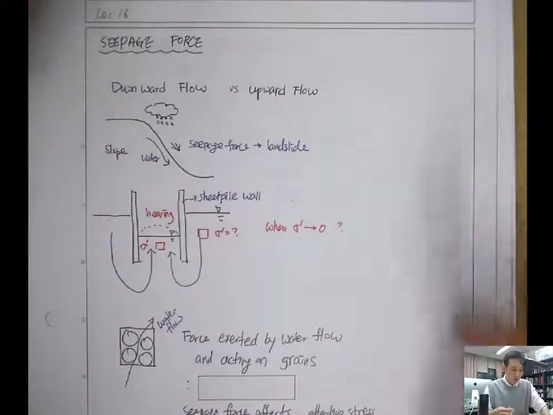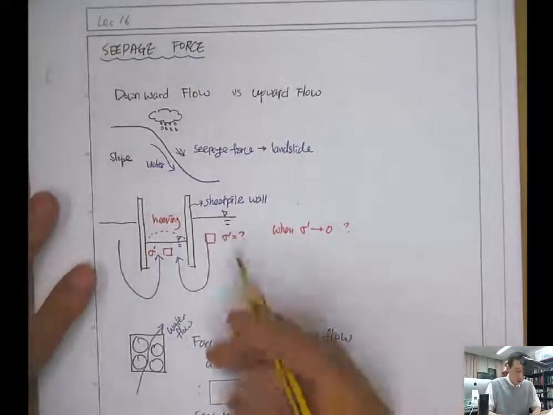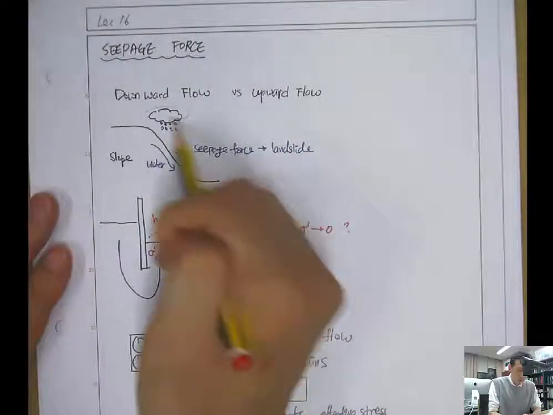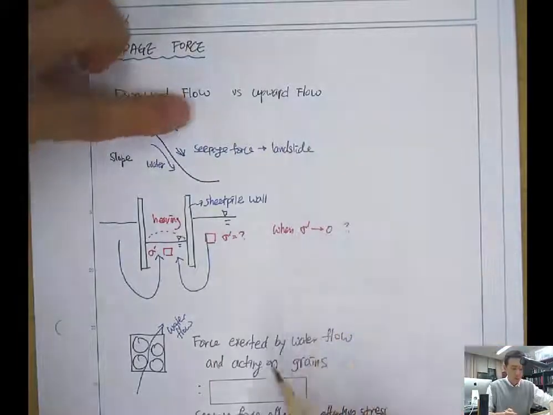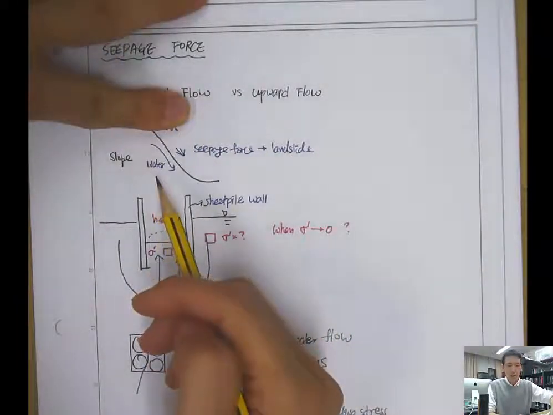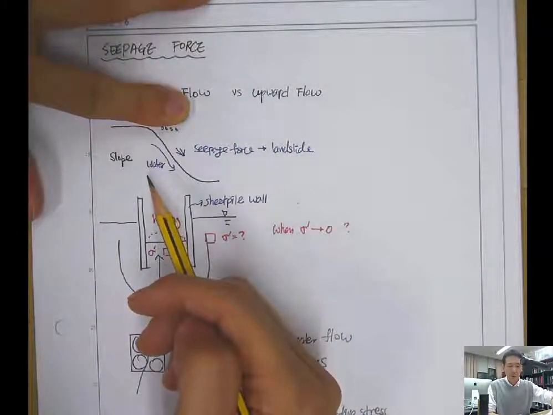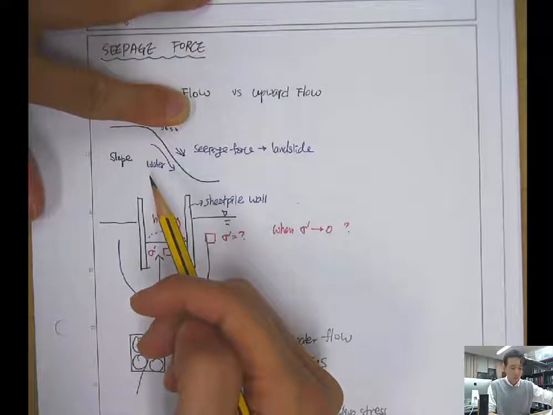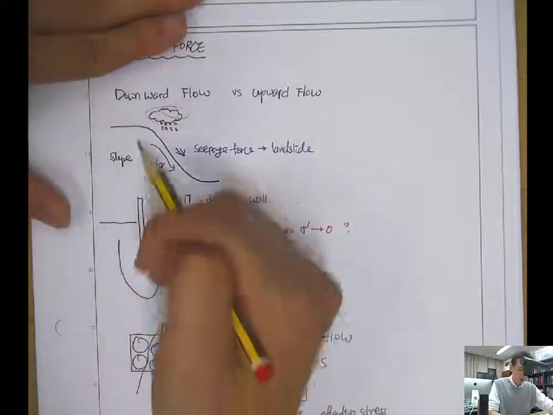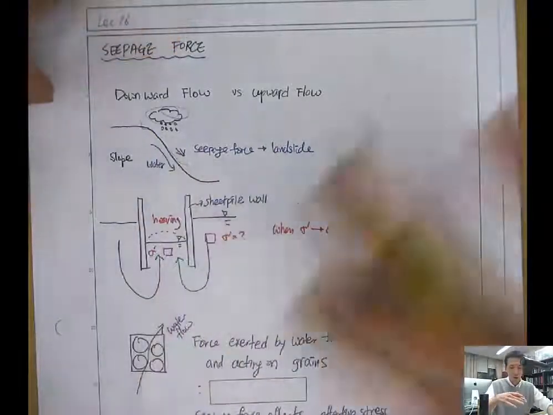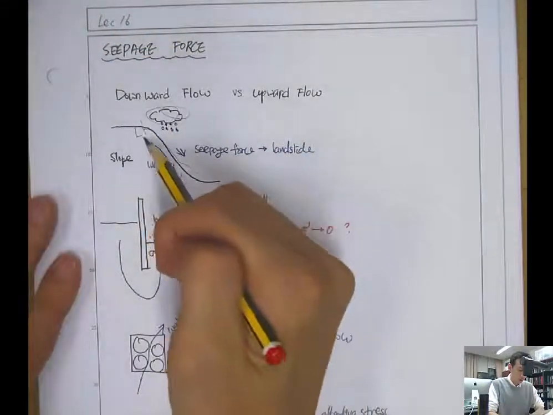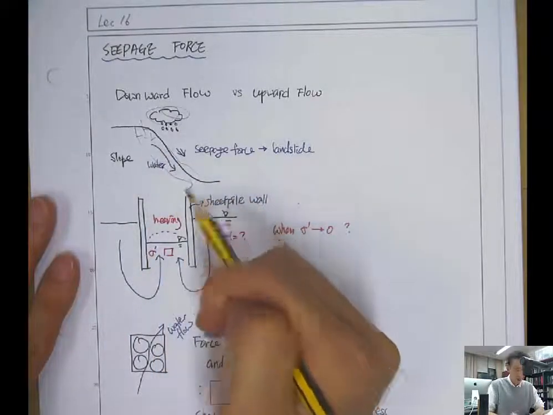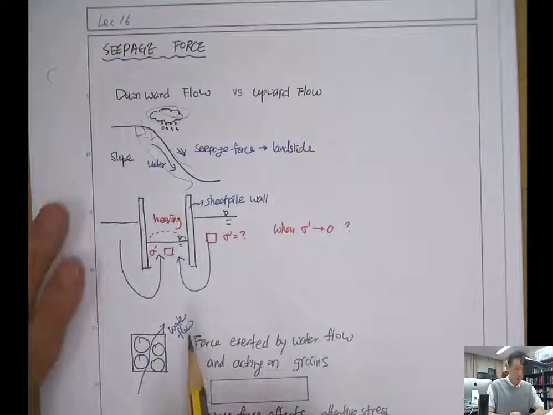Let's see an example here. When there's no rain, the slope is stable, as we cut it. And when there's rain, the water flows over the ground surface, and it can also infiltrate into the soil and flow because of gravitation.